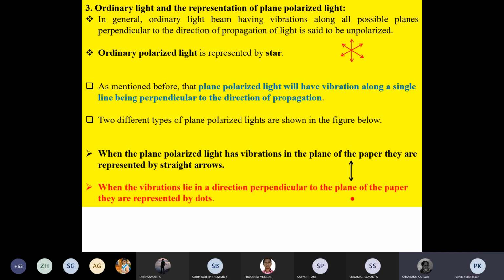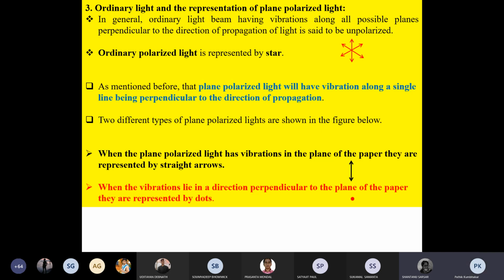For example, the light coming from the sun directly. If you can find out the vibrations of the electric field in a particular plane perpendicular to the direction of propagation, then you will find that there is electric field vibrating in all the directions, denoted by a star. So it seems to be symmetrical, but it is in the plane perpendicular to the direction of propagation.